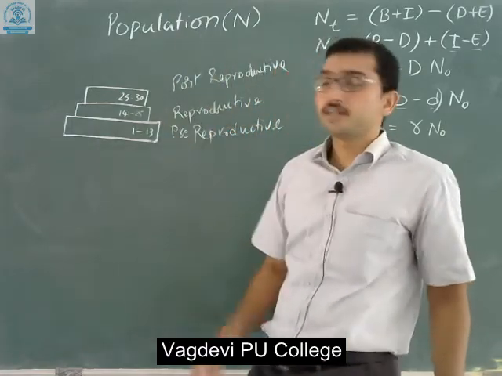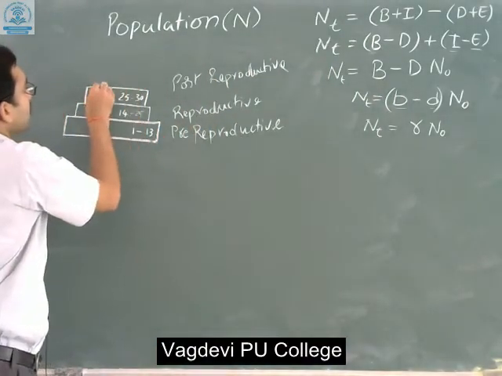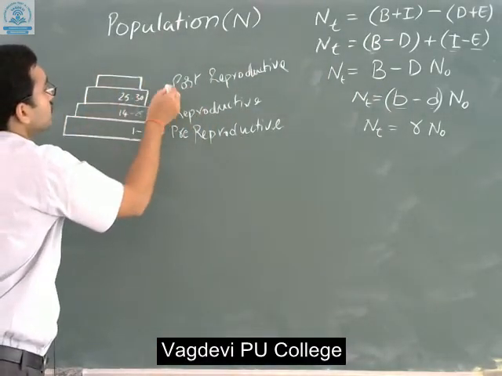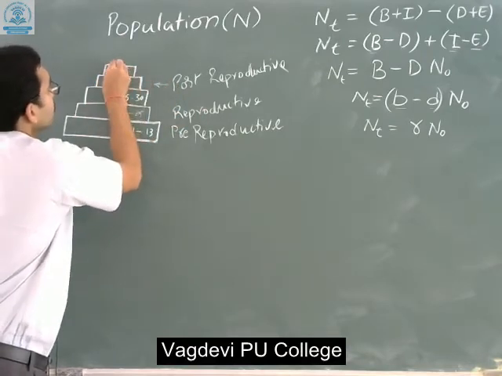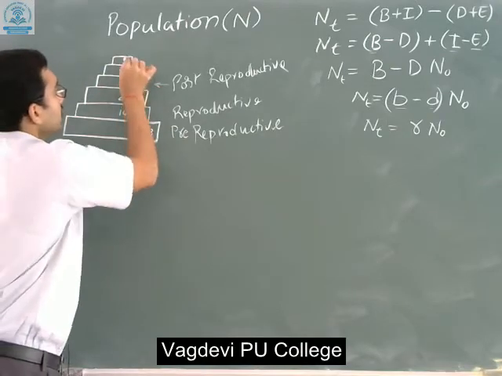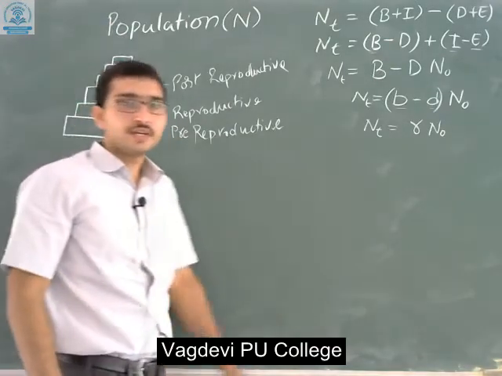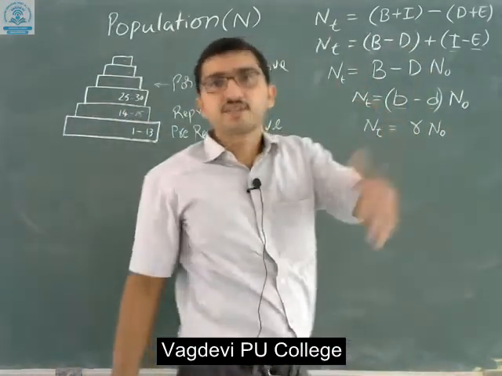This block denotes the reproductive phase, whereas the remaining upper half denotes the post-reproductive population, all individuals whose age can be greater than 50.